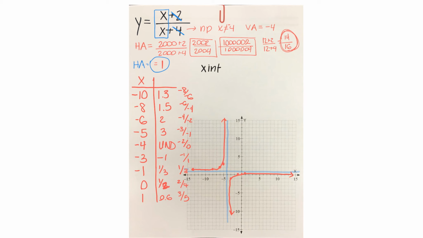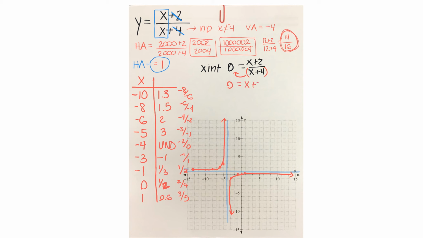So let's talk about x-intercepts. X-intercepts occur when y is 0. So I'm going to replace my y with 0. And I'm going to say x plus 2 divided by x plus 4. And if I want to get x alone, then the first thing I need to do is move this over here. Well, if I multiply 0 times x plus 4, then I get 0.